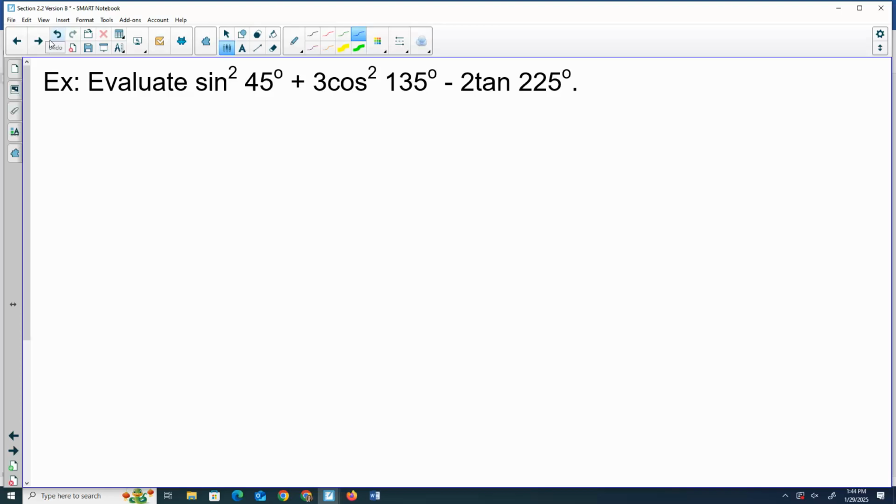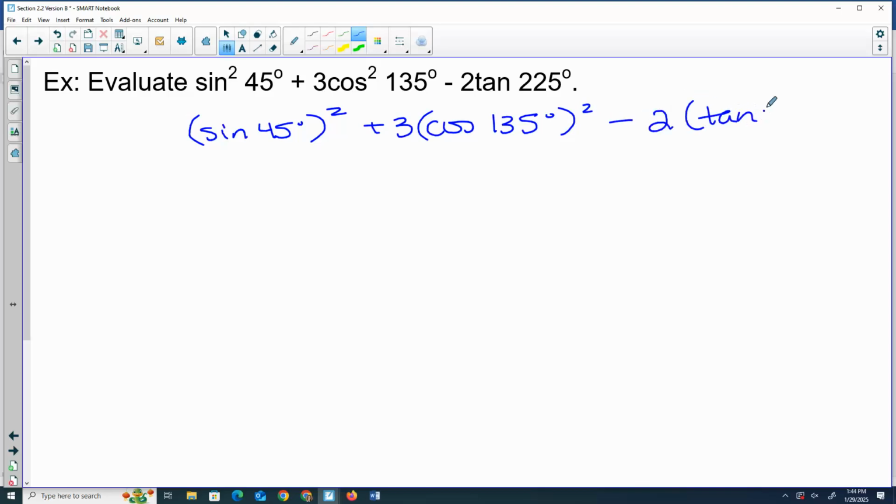When we see sine squared of 45, that means I'm taking the sine of 45 degrees and squaring it. 3 cosine squared of 135 means I have to take cosine 135 squared and then multiply by 3. So we have to evaluate each of these things. 45 degrees is in quadrant 1, so we don't have to worry about quadrant and reference angle. What is the sine of 45 degrees?